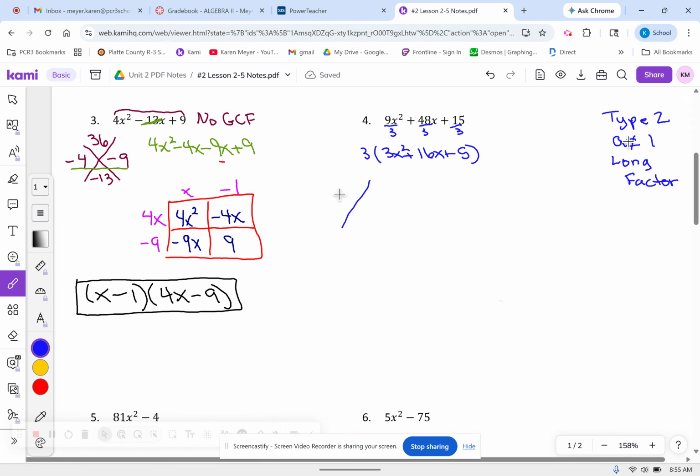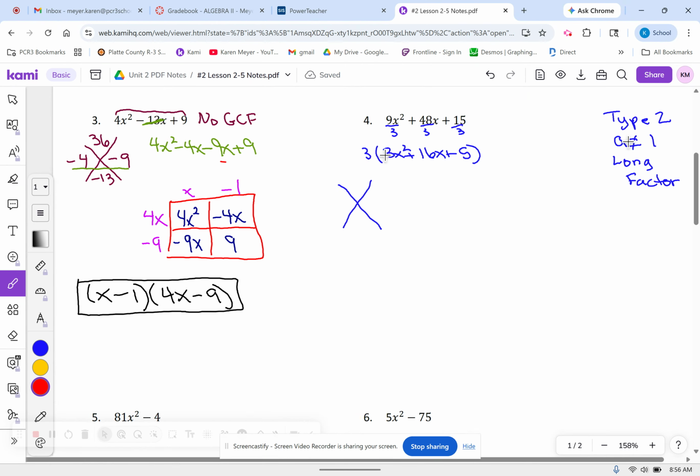So we're going to make our X. We're going to do 3 times 5, which is 15. And the middle is 16. Now, 15 is positive, 16 is positive, which means both my numbers here are positive.